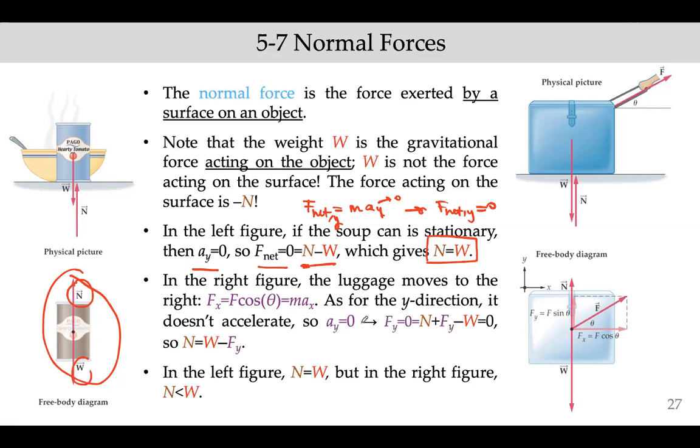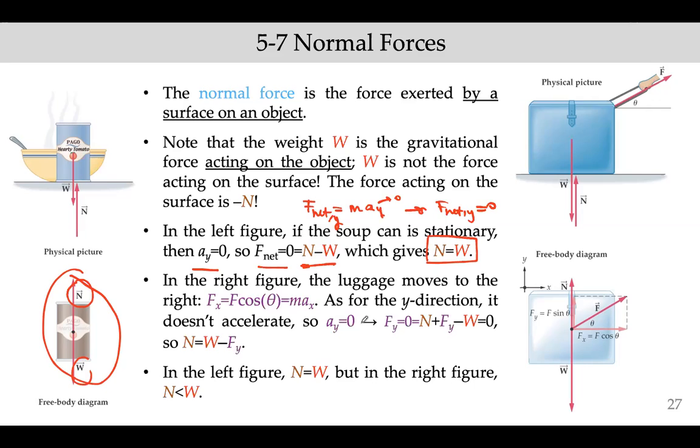In this case, the normal force and the weight turned out to be the same numerically in terms of their magnitudes, but it doesn't have to be like that, and you will see an example now. That's why the warning was there. The normal force is not necessarily the weight force.